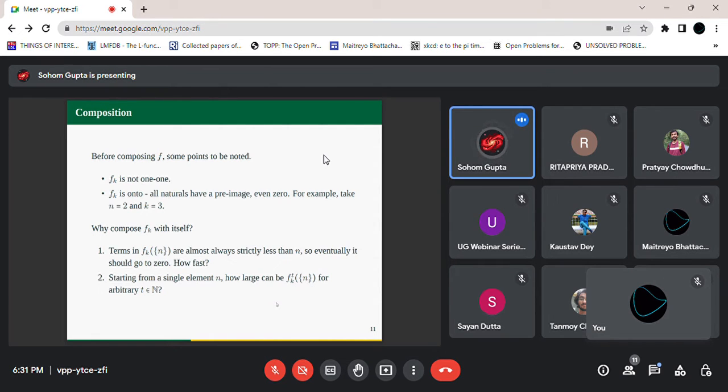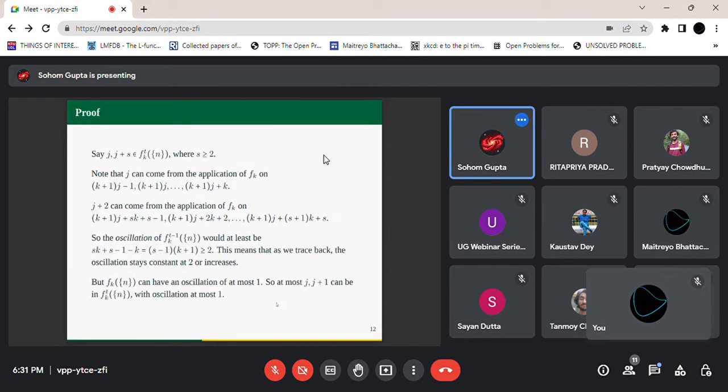Maybe it's unbounded, the more and more n you take. Maybe it's a function of n, or maybe it's not. So these are the questions that we are interested in and want to answer. We want to prove that there is actually a bounded, finite number of elements, whatever value of n you take. So for that, suppose that j and j plus s, two numbers, are present in this fk composed t times on n, where s is greater than or equal to 2.